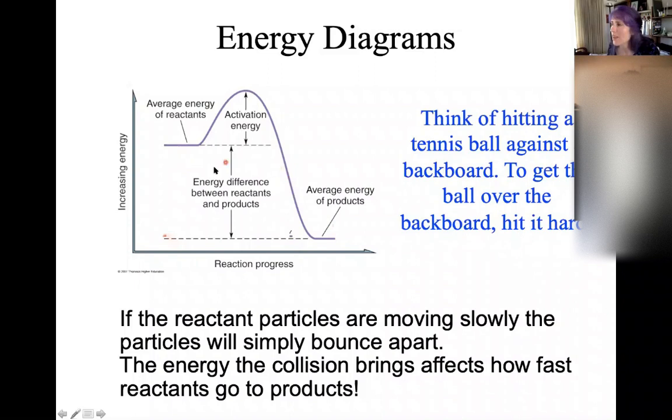So we're going to look at that energy difference. This much energy would be released, usually as heat. And that's what the lab takes a look at. When we touch our test tube, we can feel whether it gets warmer or colder.